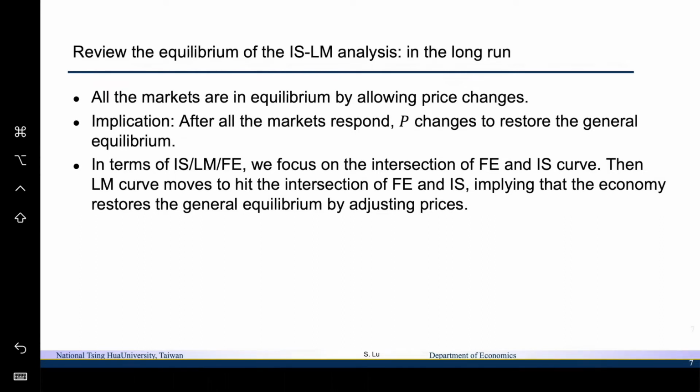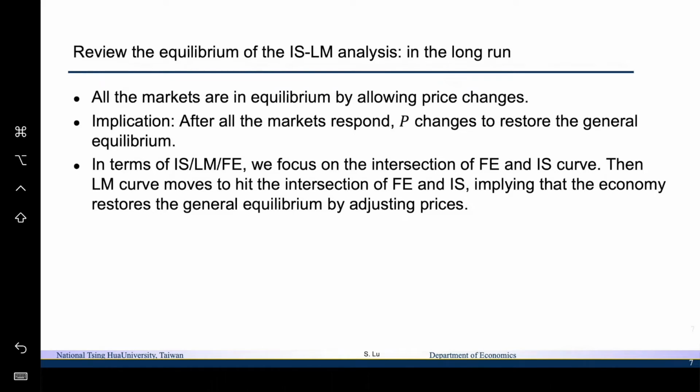And then at the last stage, the LM curve needs to move to hit the intersection of the full employment line and the IS curve, which implies that the economy restores the general equilibrium by adjusting the price. Therefore, the LM curve moves last to restore the general equilibrium.